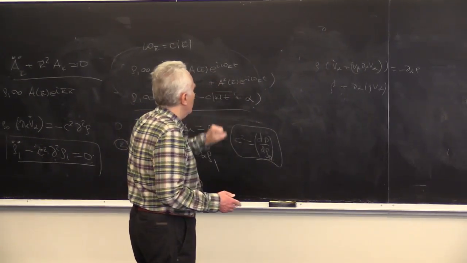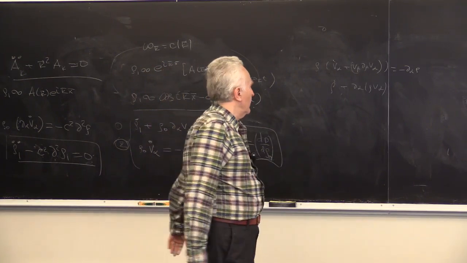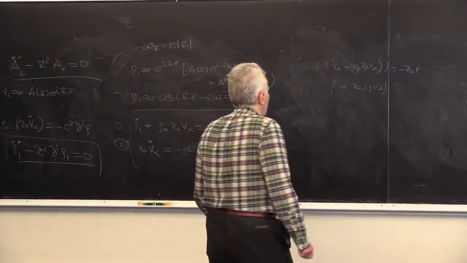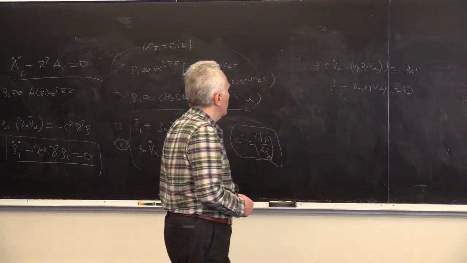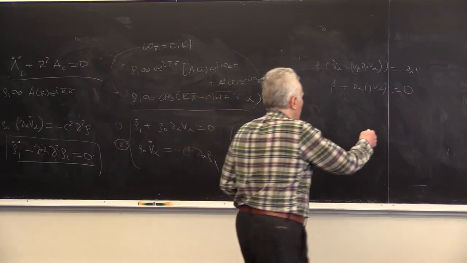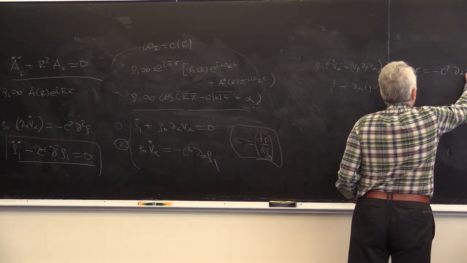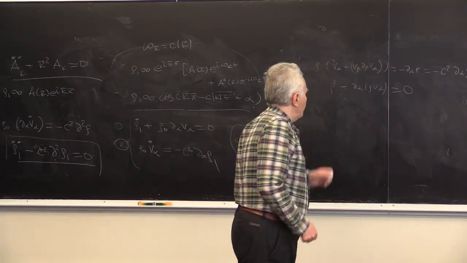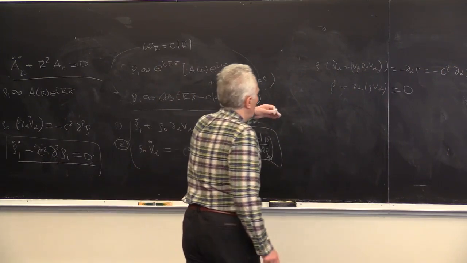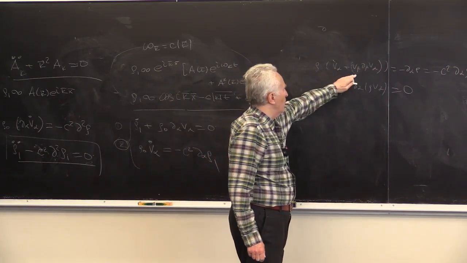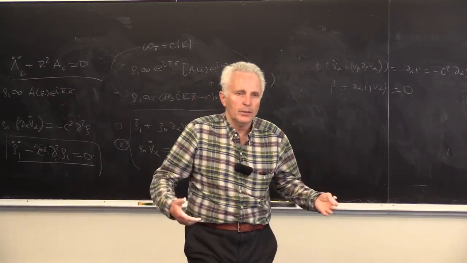But at the moment we want just to evaluate our approximation. For example, what did we do when we wrote it as c squared d alpha rho? We dropped this term when we derived this. We dropped all the nonlinear terms.